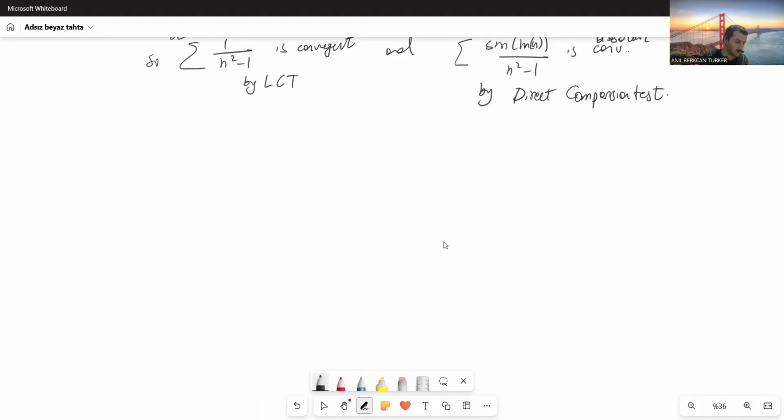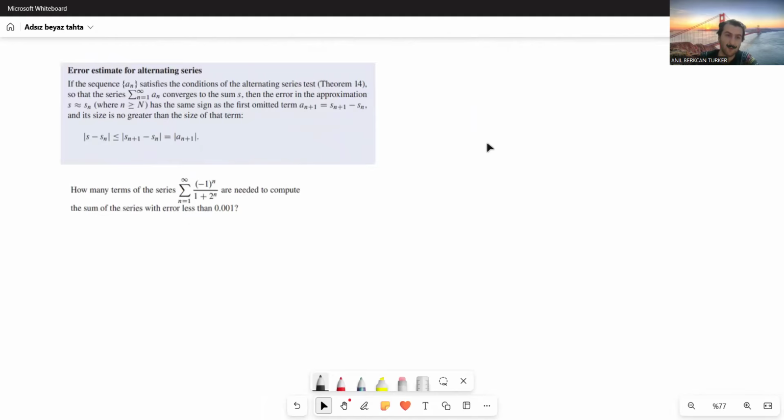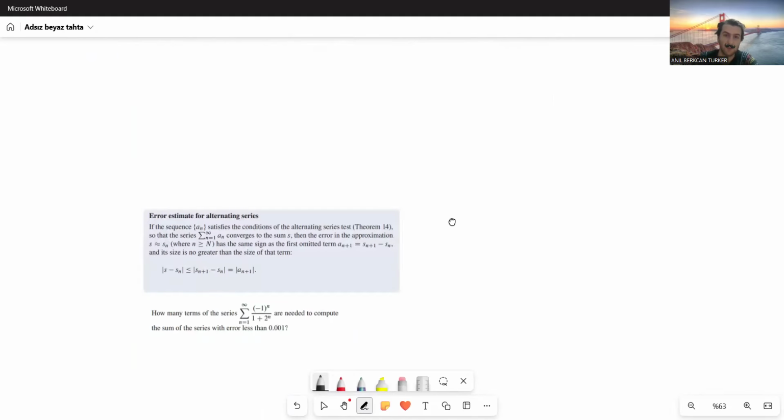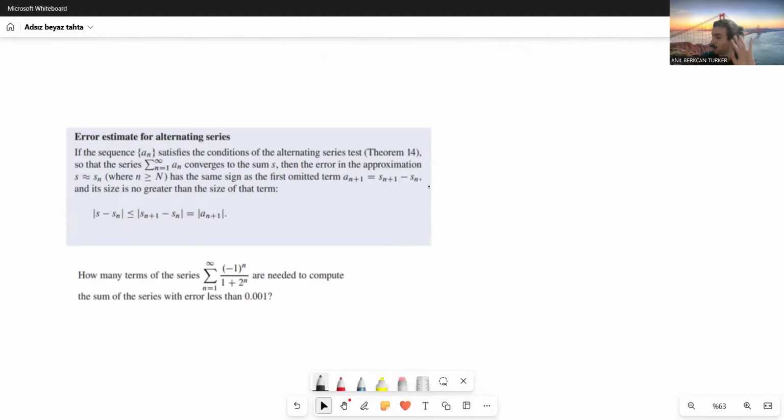Yes, some tests, the alternating series test. Let me give you what I'm going to use. I have already prepared it. First, let us remember this estimation theorem, but we are only dealing with alternating series.